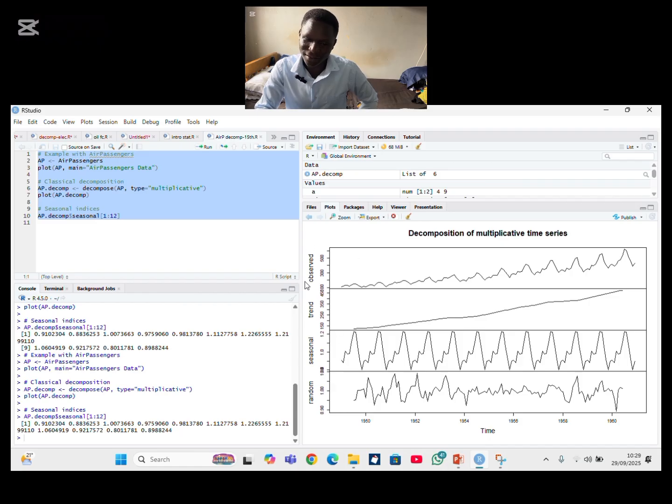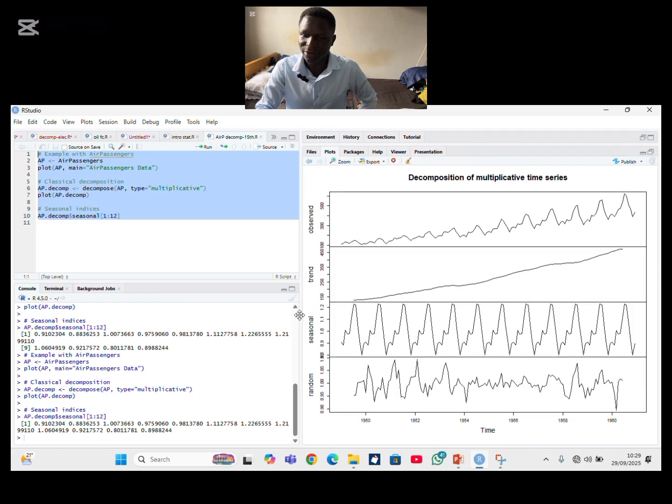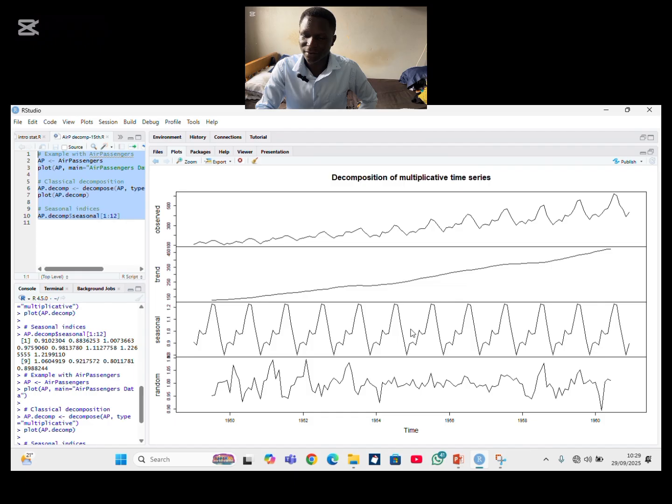So realize that with R, just a few lines of code, you are able to decompose your series as illustrated by these graphs, right? You will see them better when you run them on your computers. Try to make it a little bit bigger. So something like that, right?